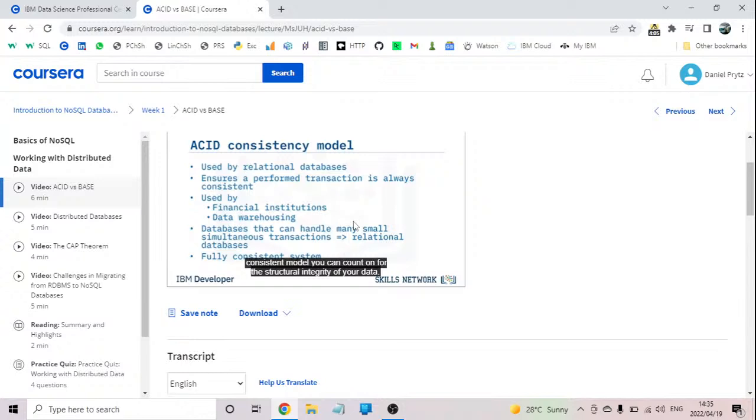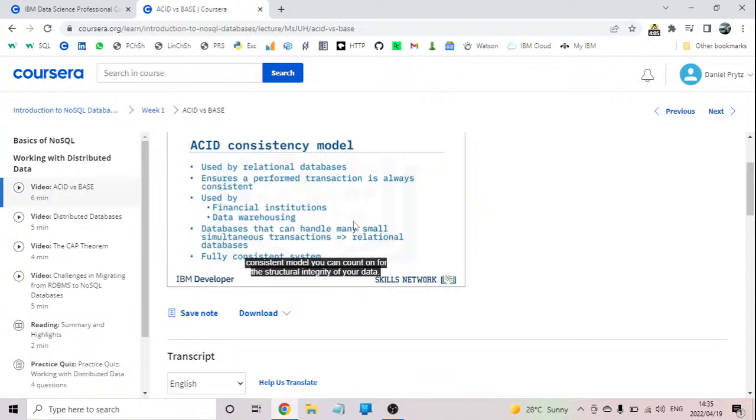Okay, so let's see. Databases that can handle many small simultaneous transactions. What are relational databases? It can handle many small transactions, so it's detailed, so writing is very good.